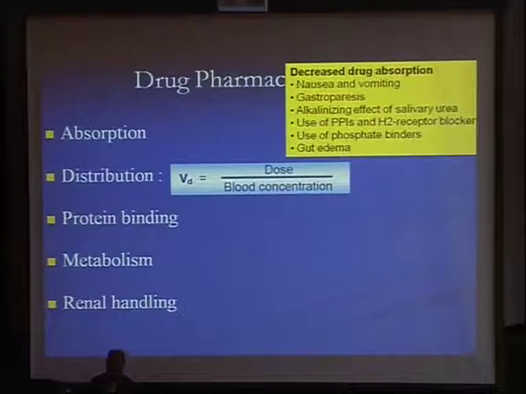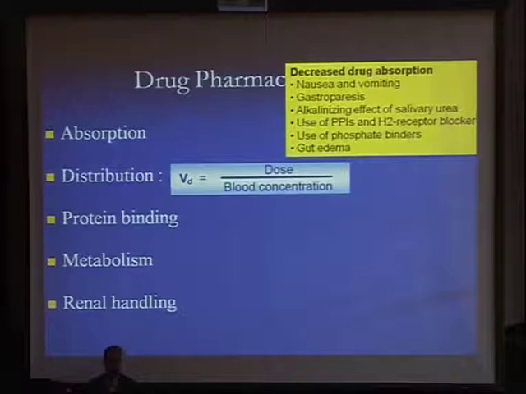The same thing occurs due to the use of proton pump inhibitors and H2 receptor blockers that we usually give our patients. And also the use of phosphate binders will form insoluble complexes with many of those drugs and will impair their absorption. And also you have gut edema. So this is what happens in absorption.